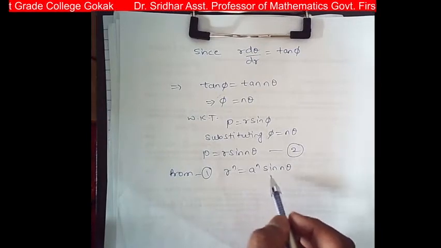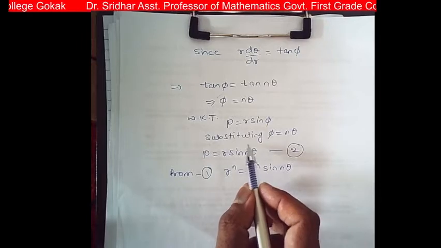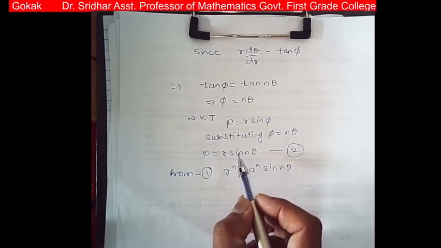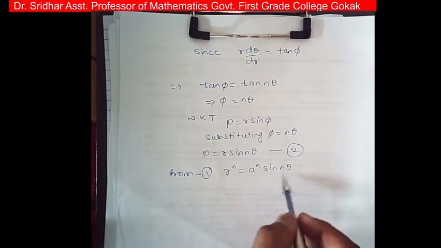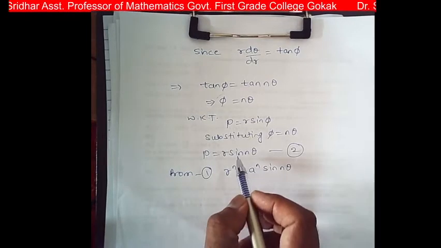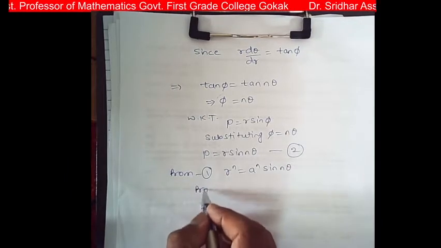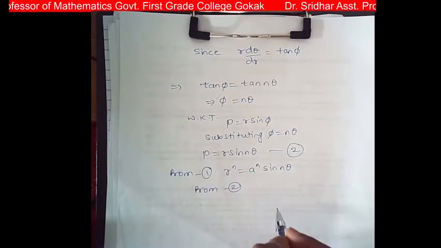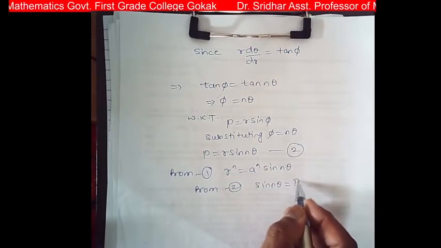Either you calculate sin n theta from this expression and substitute here, or from the other expression; anyone you can do. Now from 2, I will write sin n theta is P by r.